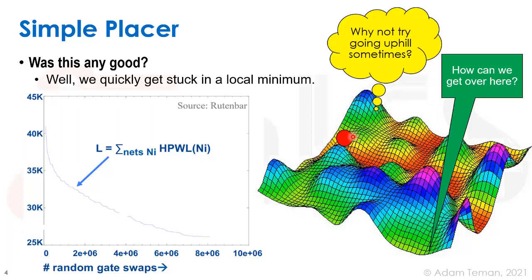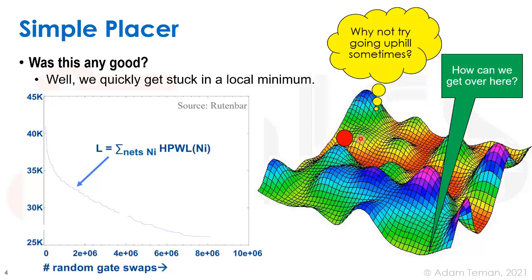So the idea of simulated annealing is that we'll usually go down, we'll usually do the hill climbing, but every once in a while, depending on some sort of probability, we'll randomly choose to take a bad solution. And that may jump us over to a different place and allow us to get to a farther local minimum. Now, this is not done constantly.